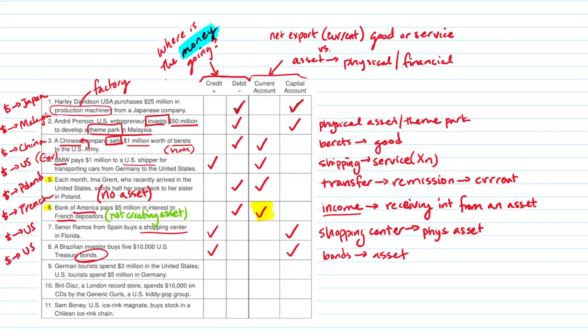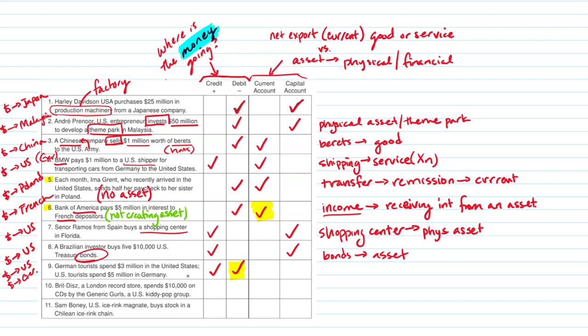Number 9, slightly tricky, not tricky, but just worth talking about. German tourists spend $3 million in the United States. We've got some money coming to the United States, but U.S. tourists spend $5 million in Germany, so we've also got money going to Germany. So first, you could say this is both a credit and a debit, but it is worth noting that it would technically be a net debit because we have $2 million more leaving the United States than coming in.